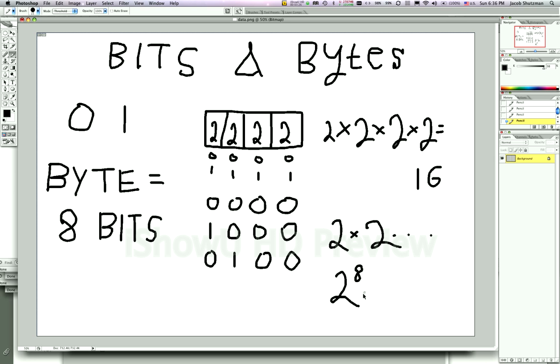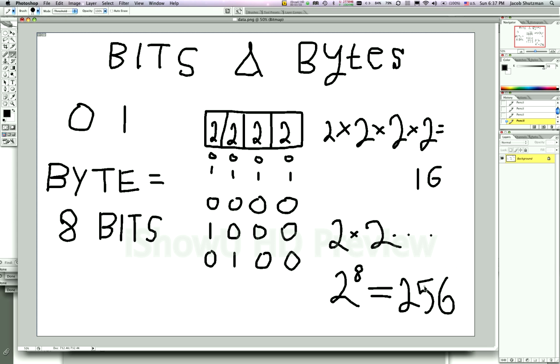I don't know if you learned powers in school, but 2 to the power of 8 means 2 times 2 times 2 times 2, 8 times, and this will give you 256. If you don't believe me, you can calculate it, but you'll get the same number, 256.